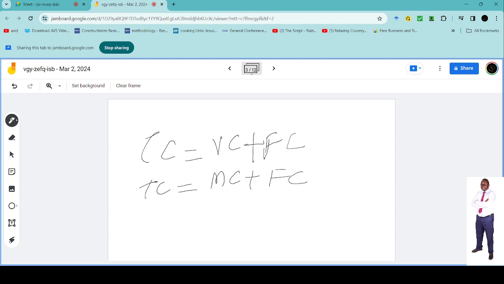Of course, we had contribution, which, just as a reminder of our discussion last week, is equivalent to profit plus fixed cost, or sales minus the marginal cost.